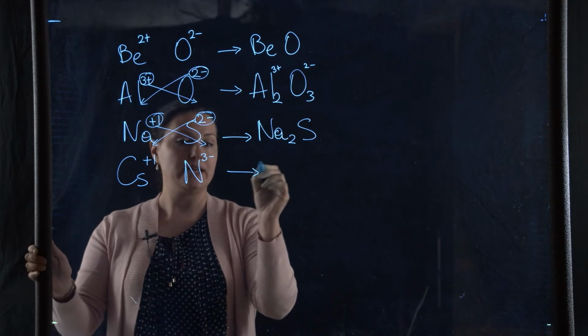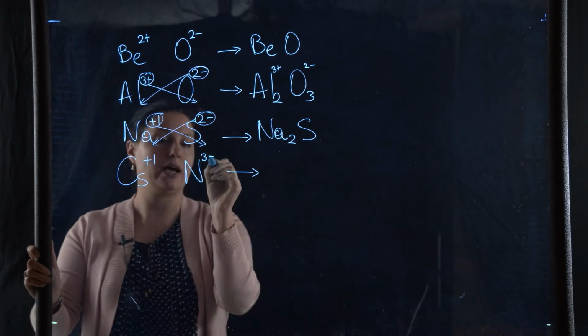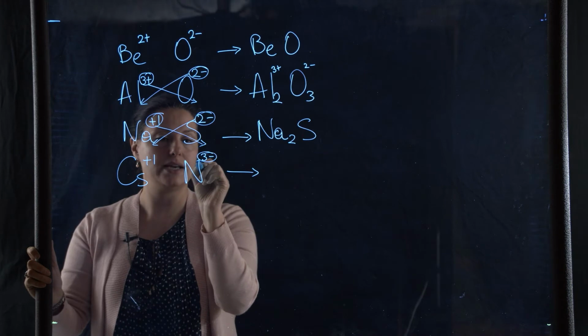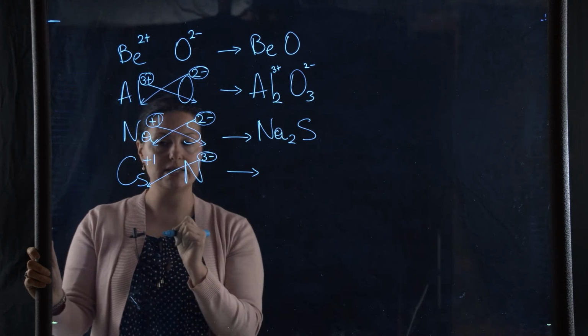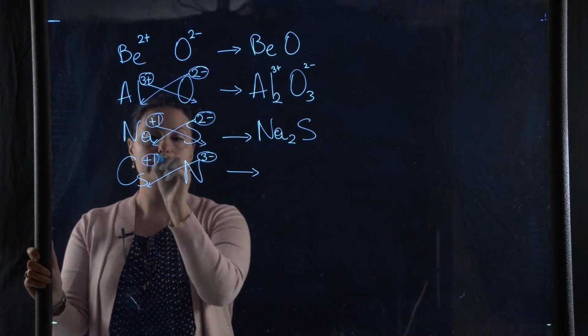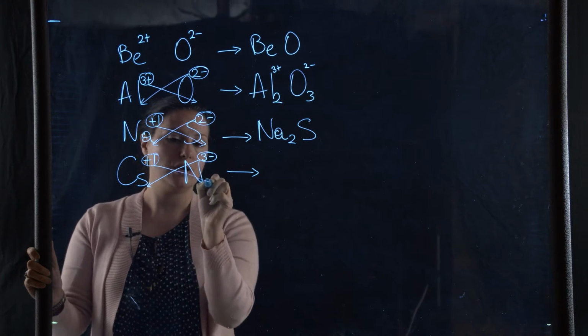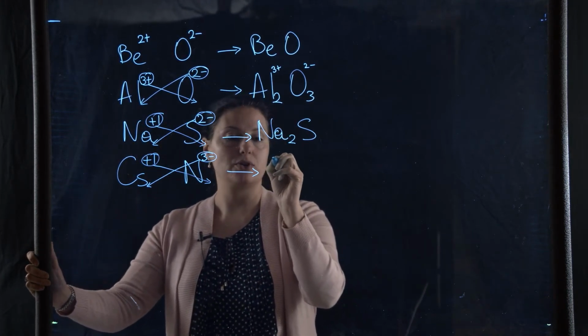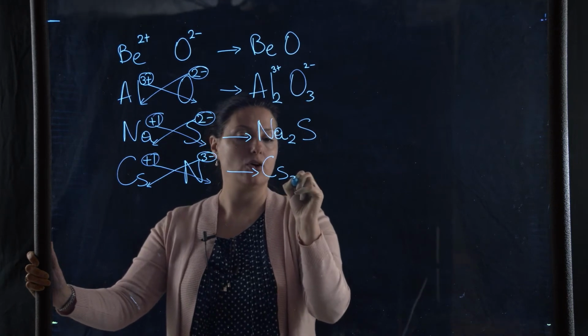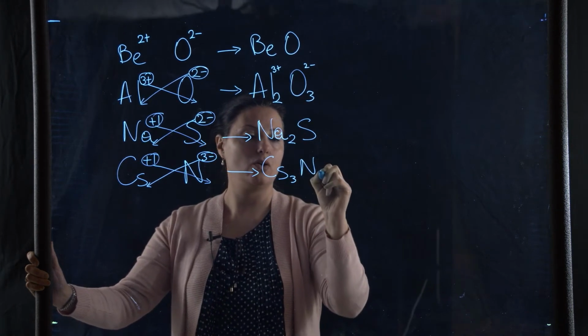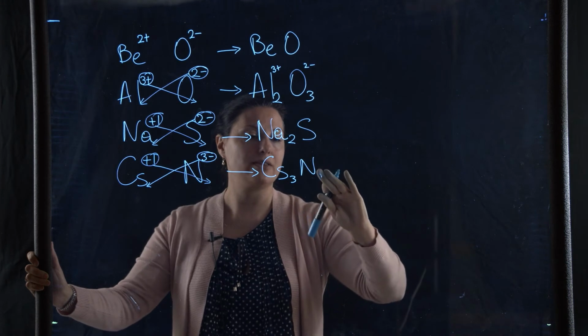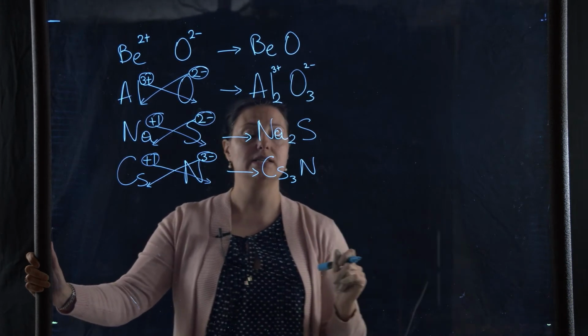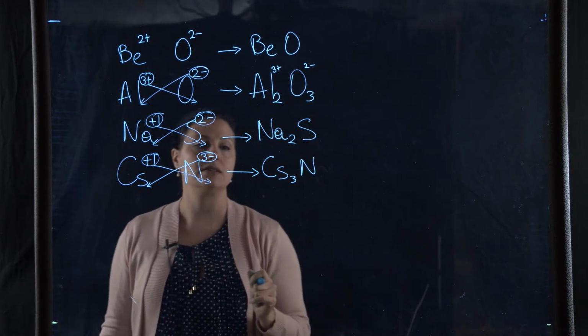I can't write it as CsN because it would not be balanced, but what I do is I take the charge from the nitrogen and bring it down by the cesium as a subscript. I take the charge from the cesium and bring it down by the nitrogen as a subscript. So I have Cs3 and then N1, but I don't really write the 1. So I have Cs3N. That is the correct formula.